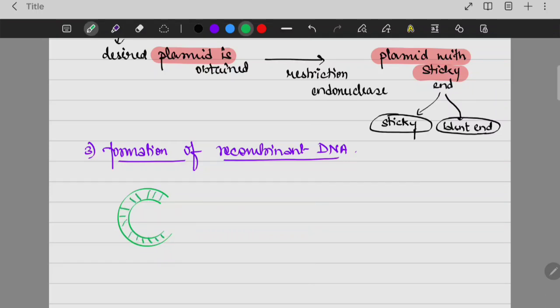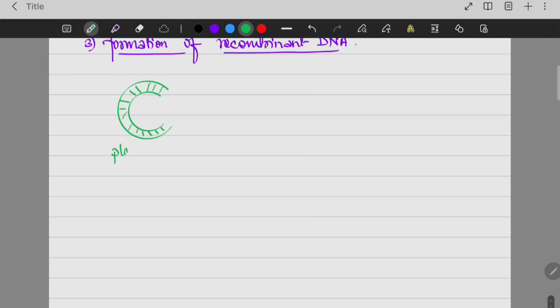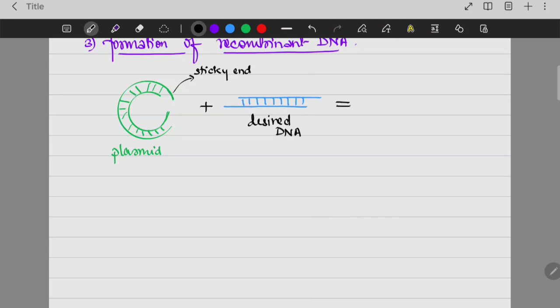This is the restriction. If we see, a little bit is getting out here, these are the sticky ends. And along with it, the extra part which we get from the desired DNA, that is the desired DNA. So it finally forms the recombinant DNA.